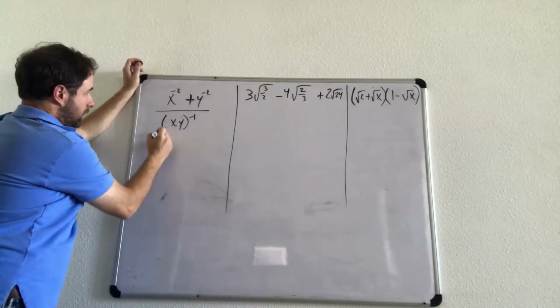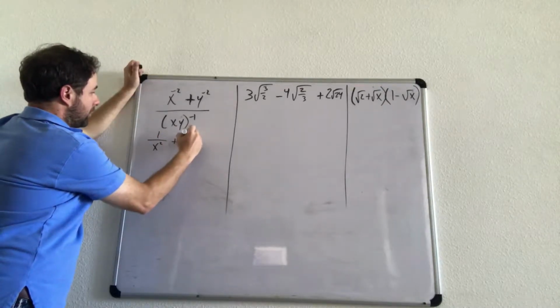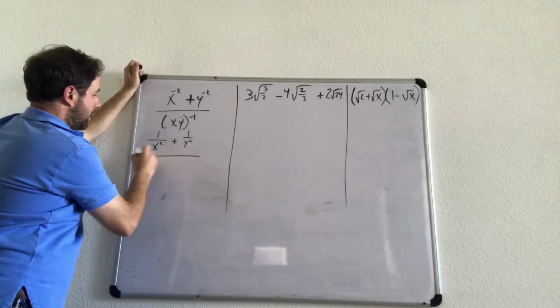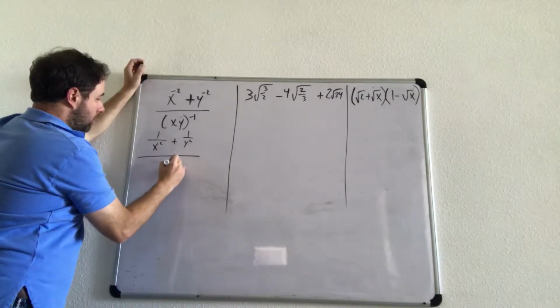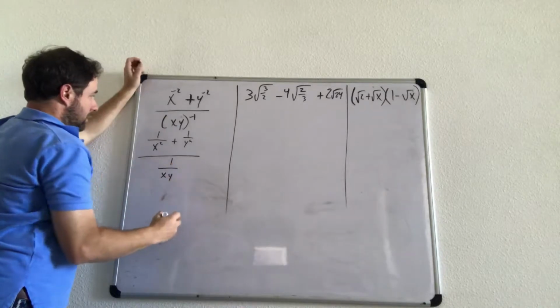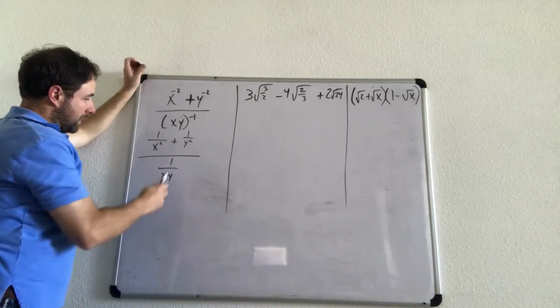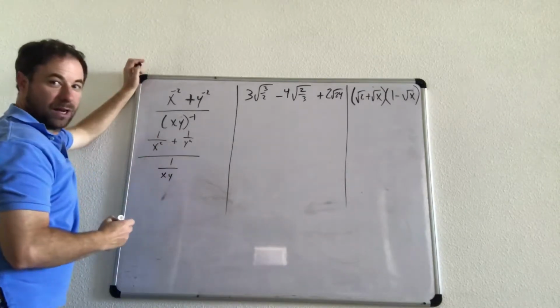The first thing we're going to do is make this 1 over x squared plus 1 over y squared all over 1 over xy. And so that got everything kind of how it needed to be done. What we're going to get now is common denominators up on the top.